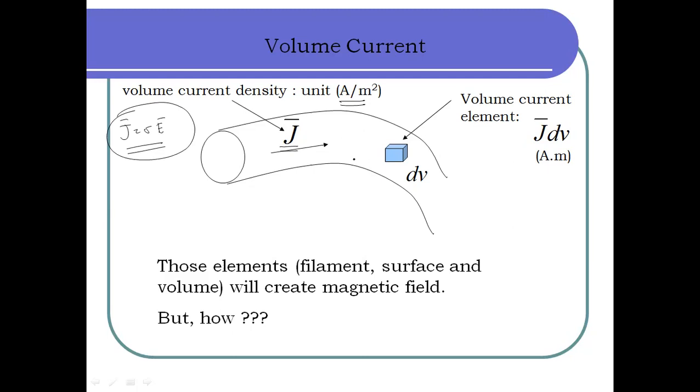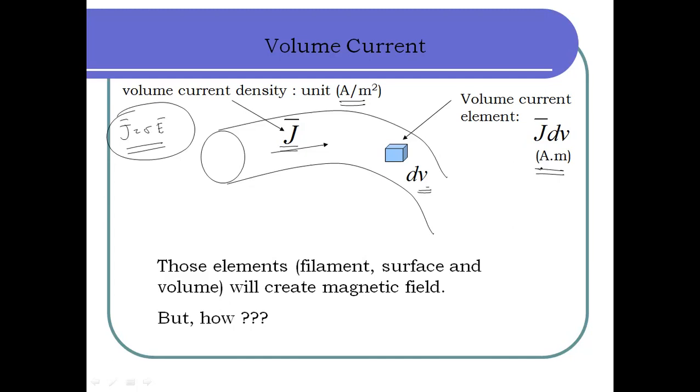If we consider an element of the volume dV inside this volume current, the current element for the volume current is J vector dV, still in units of ampere meter. So these are the three main sources in general that can generate the magnetic field intensity.